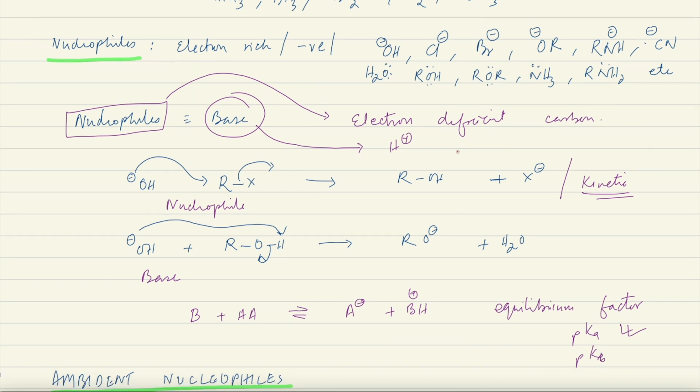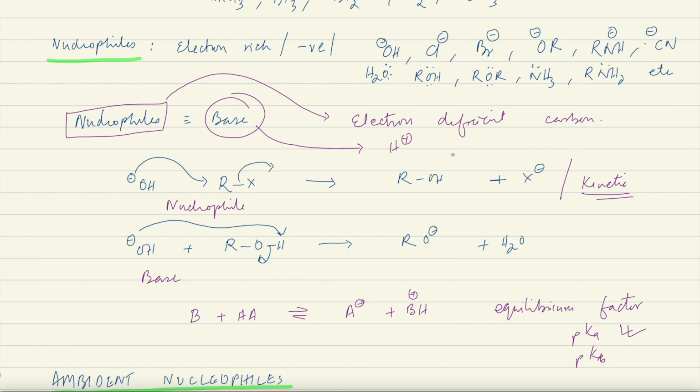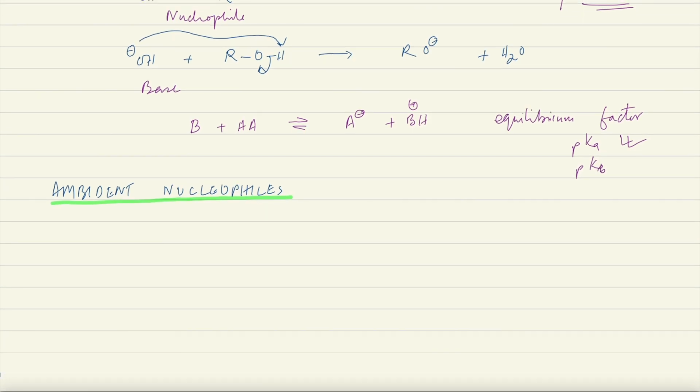Now there are certain nucleophiles which contain two sites of attack, not only one. Say for example a CN group. You have a carbon and a nitrogen, so you have a negative charge there and you have a lone pair. This one can either attack an electrophilic center from the nitrogen or it can attack from the carbon. So this kind of nucleophile is called an ambident nucleophile.